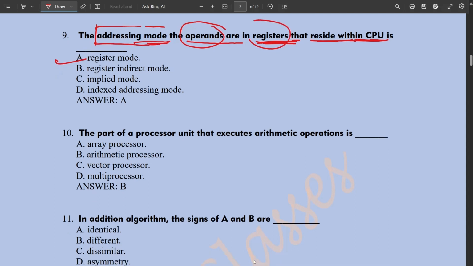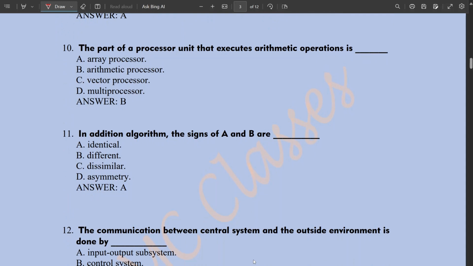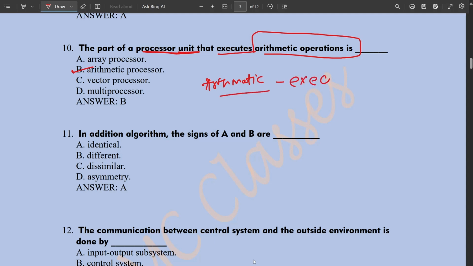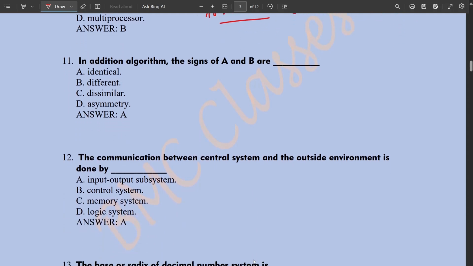Next, the part of the processor unit that executes arithmetic operations is called the arithmetic processor. It executes arithmetic operations. Next, in the addition algorithm, the sign of A plus B, A and B are identical.